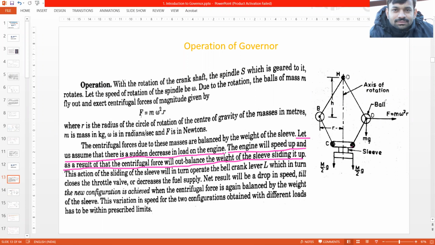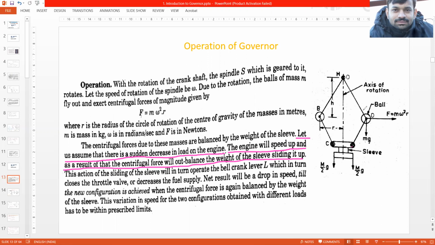So when the load on the engine reduces, the speed of the engine will increase all of a sudden. What will happen? These balls will start rotating at a higher speed. Why? Because the engine is now rotating at higher speed, so the spindle will rotate at higher speed.